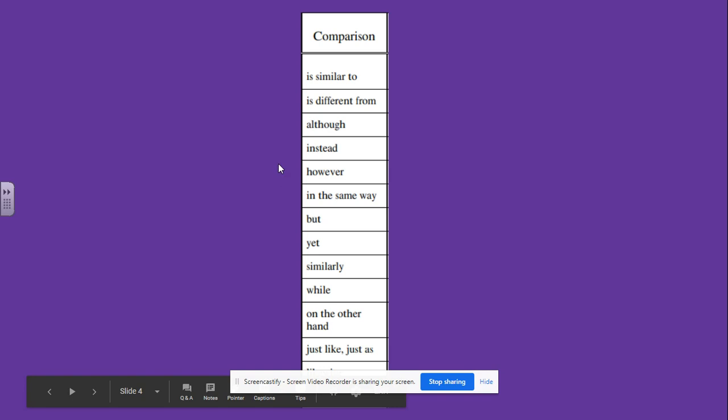However, these other words might also signal your reader that you're comparing and contrasting something: is similar to, is different from, although, instead, however, in the same way, but, yet, similarly, while, on the other hand, just like, just as.